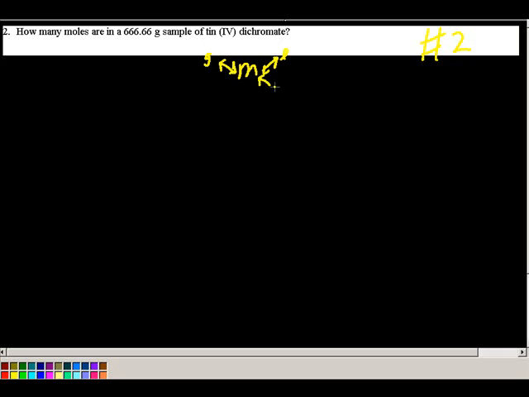And from moles, you can get numbers. Now, you'll notice in this case that you have a gram value given here. Therefore, once again, the first thing you have to do is get the molar mass of tin(IV) dichromate, which is the weight of 1 mole of this molecule.